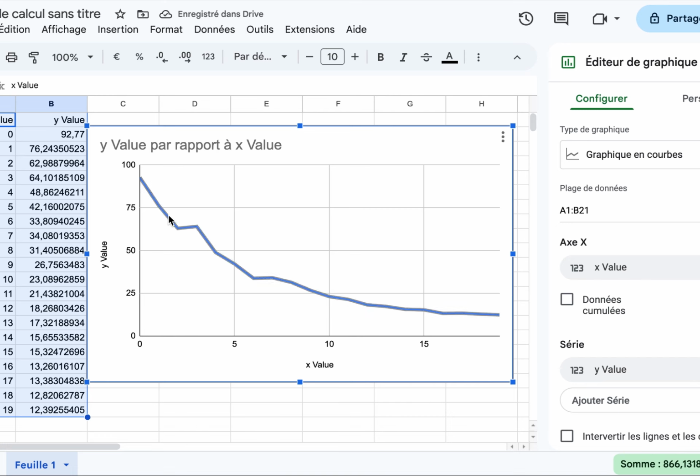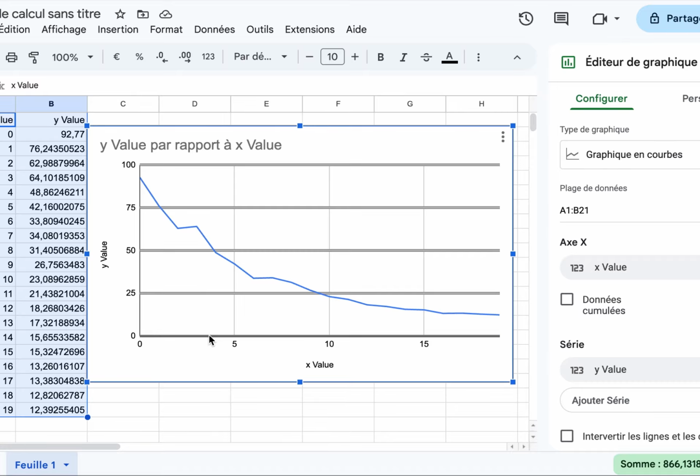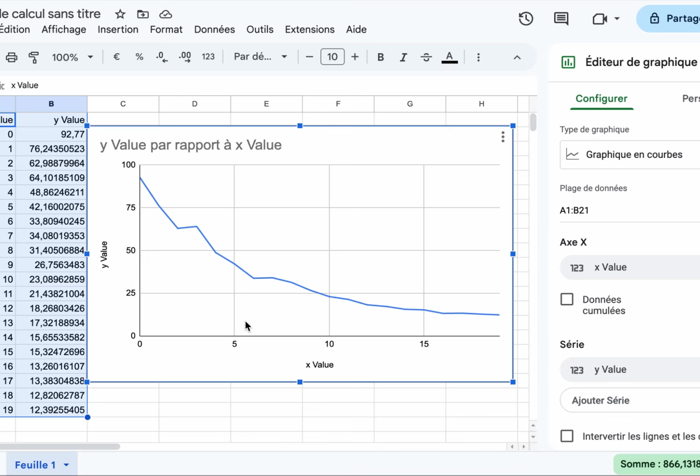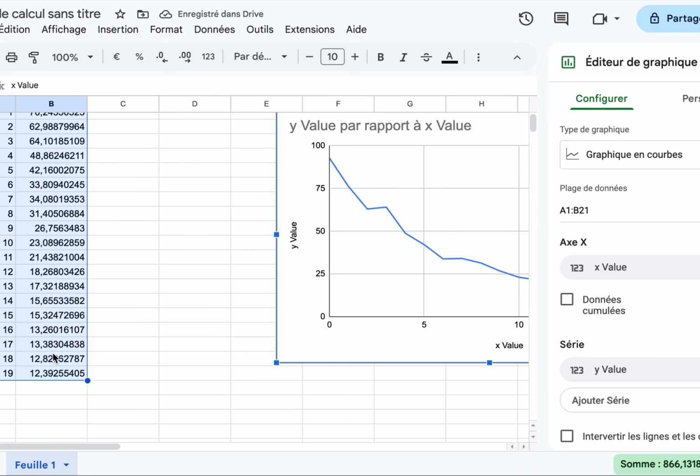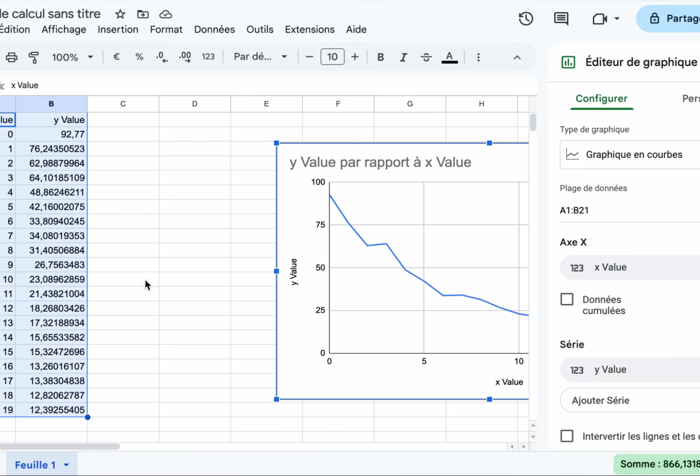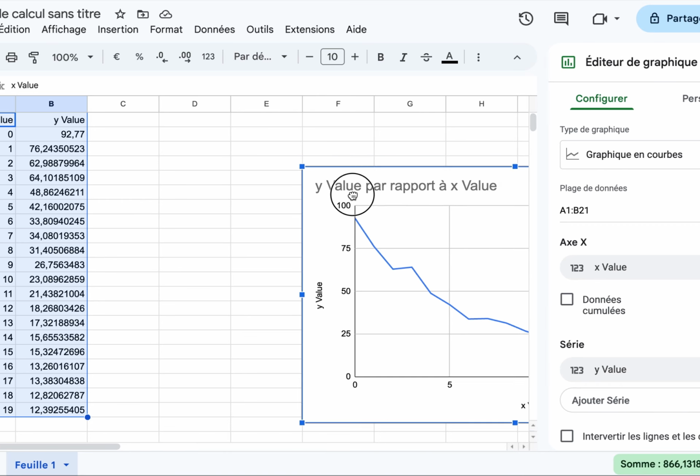That implies there's some kind of exponential there. So I need to make an estimate of what the asymptote is going to be. Hopefully it's heading down towards the asymptote. It's going down to 12.8, 12.3. Maybe let's say the asymptote's 10. Might be a bit higher than that, but let's try asymptote 10.